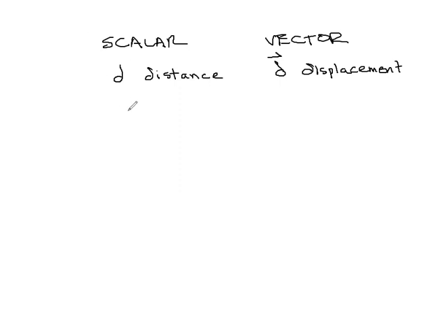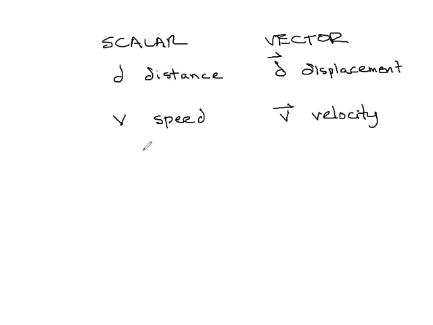And the other big one that will come up is for how fast. A simple V gets the name speed, and that doesn't count direction. The vector version of that is V with an arrow, which we call velocity.